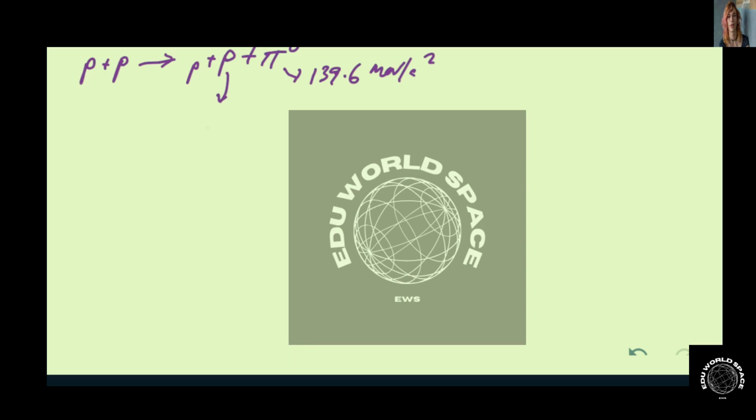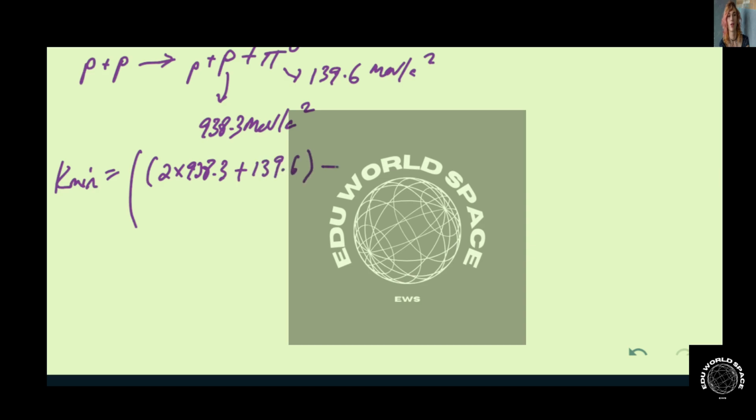Mass of the proton is 938.3. So the minimum kinetic energy, M3, be just taking 2 times of 938.3 plus the mass of the pion minus m1 plus m2, which is 2 times 938.3 square.